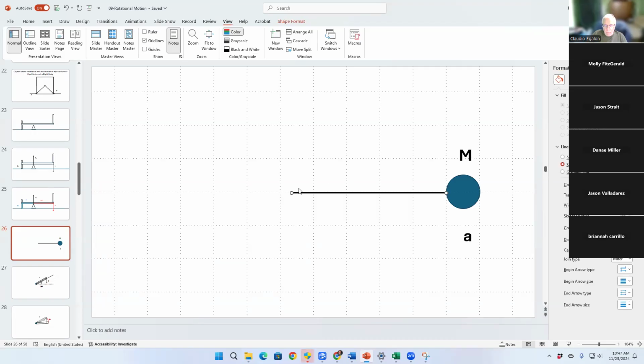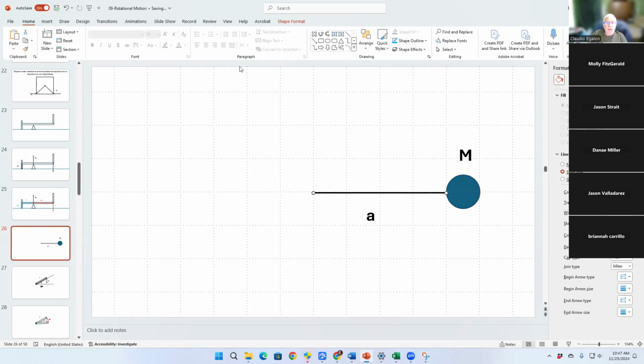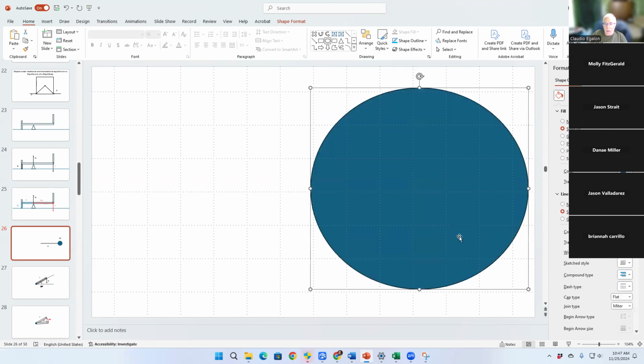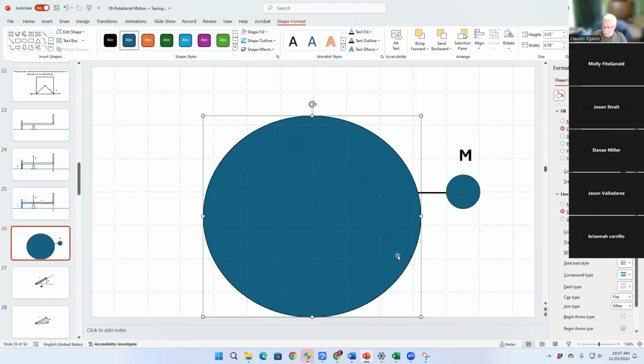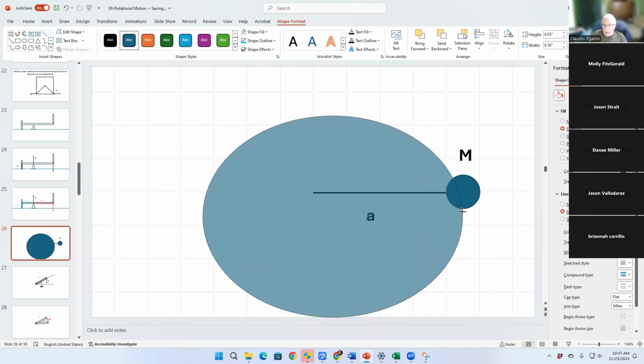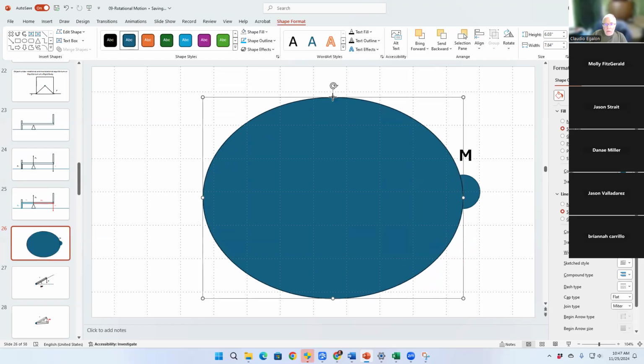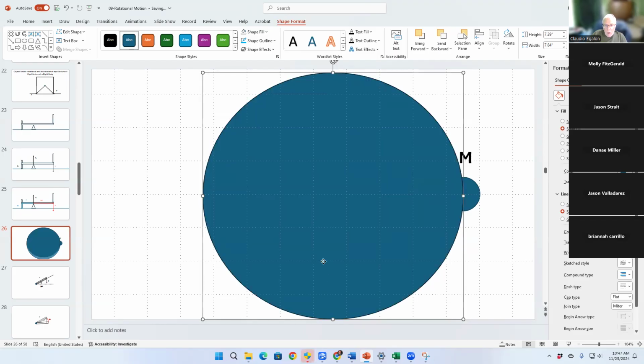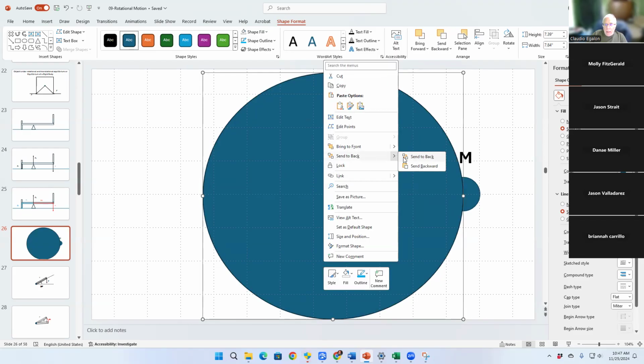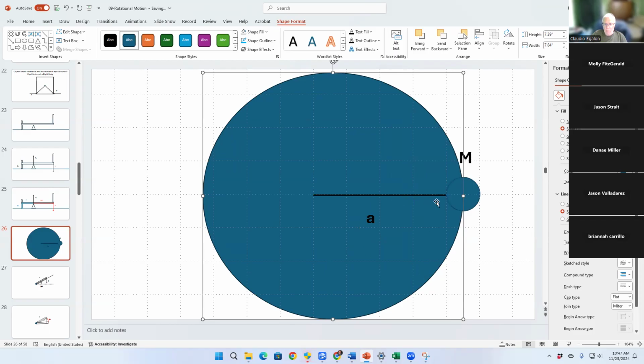Let's make it a little bit smaller here so it's going to fit.